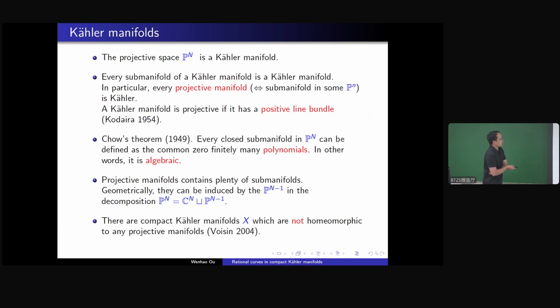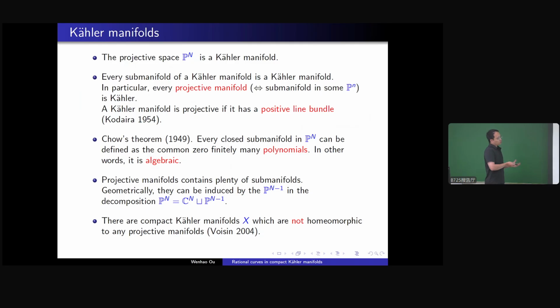So it is a curious problem to see how far general Kähler manifolds are from projective manifolds. There is a very important result due to Voisin in 2004. She proved that there are compact Kähler manifolds X, of dimension at least 4, which are not homeomorphic to any projective manifold.